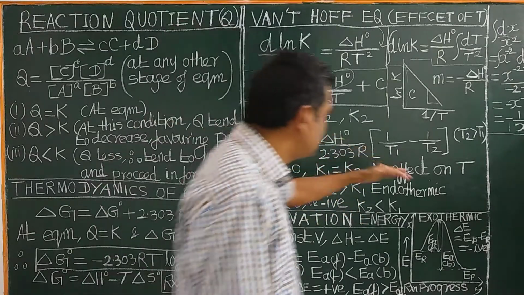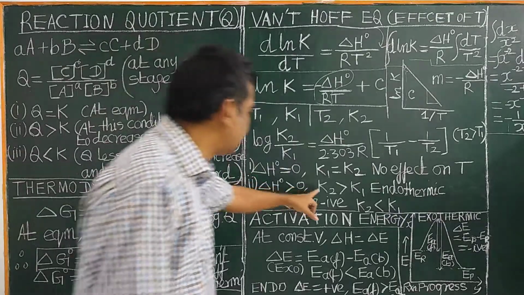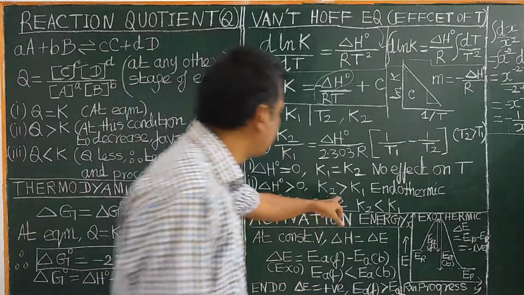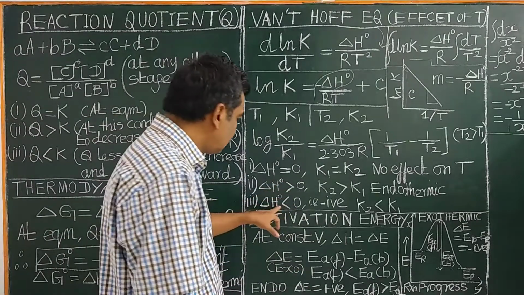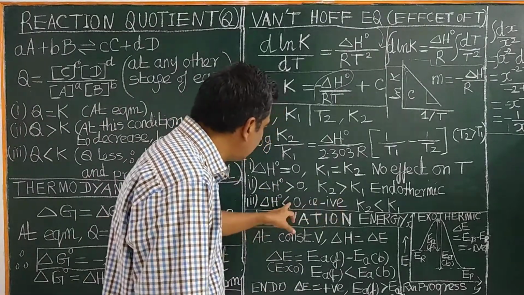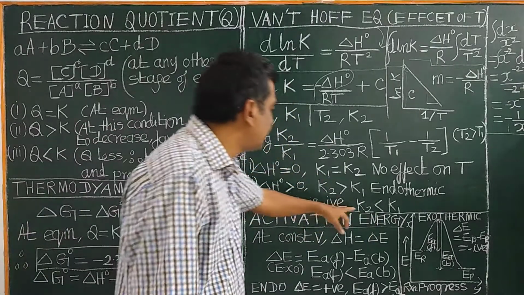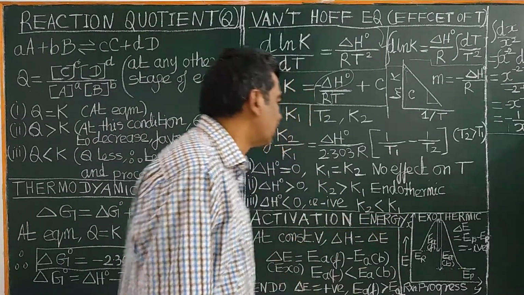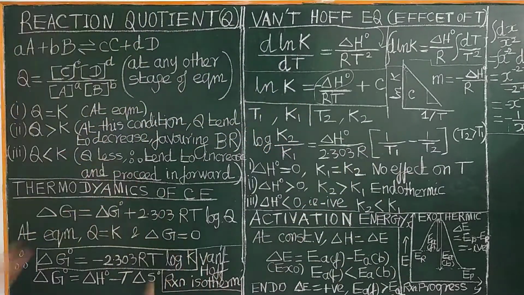Therefore, as the temperature is greater, the equilibrium constant is greater. In the third case, for delta H less than 0, that is an exothermic process, this is just opposite, K2 less than K1.